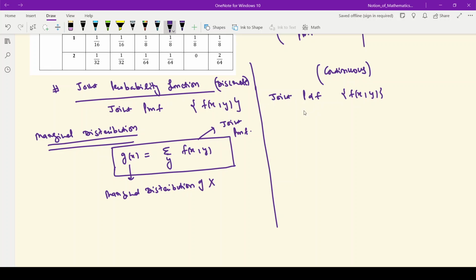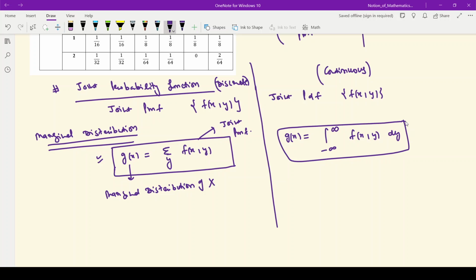and this is the approach which is continuous. Now this is g of x in the discrete approach. What about g of x in the continuous approach? That is the integral from minus infinity to infinity of f of x y dy.